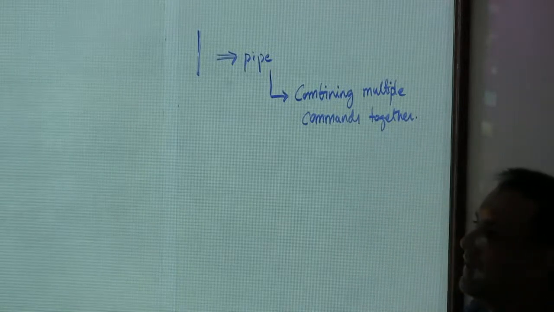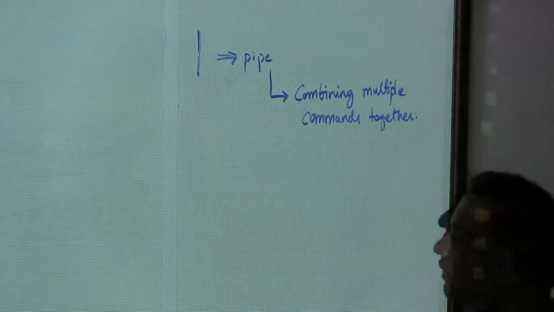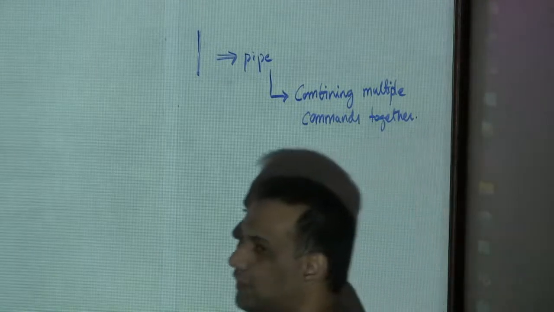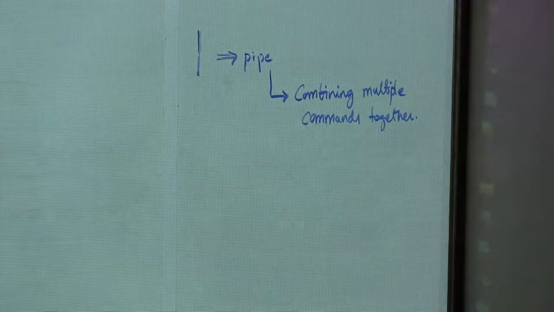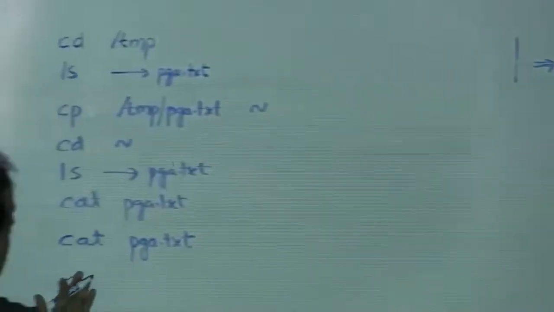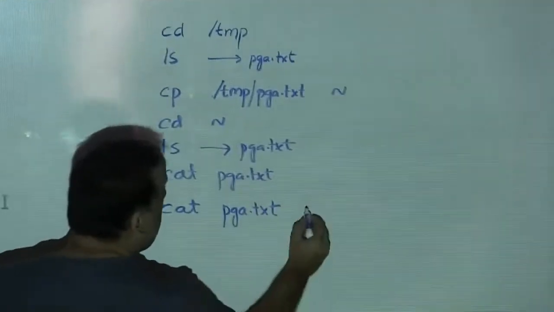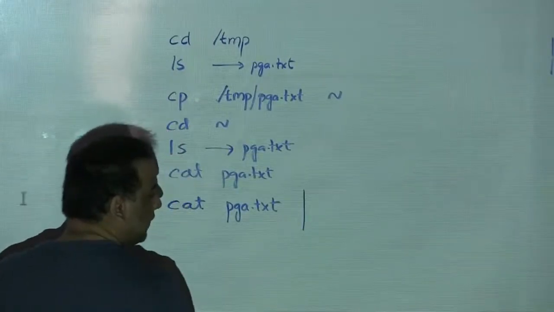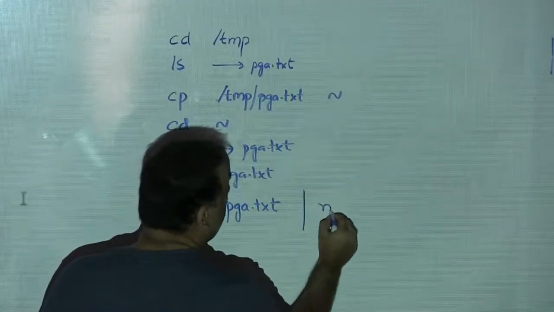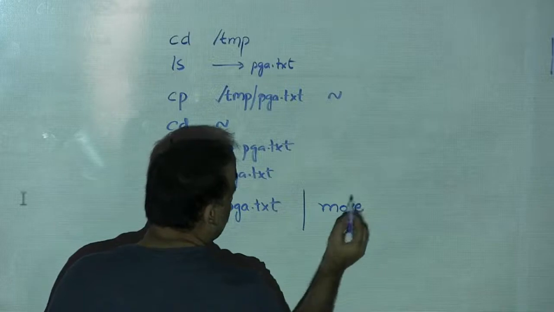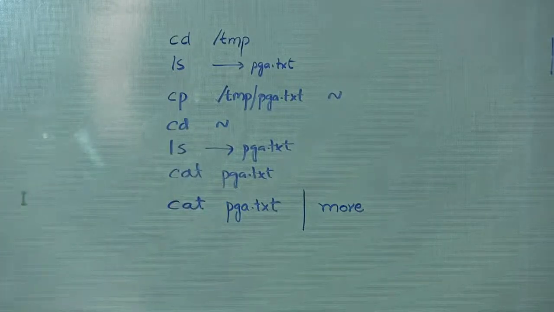So every time you add pipe in here, basically we are piping multiple commands together. So here there is a command called more. Okay, so here what we'll say is cat pga.txt, and then I put the pipe in here, and I will have the command called more. Now, as soon as you hit more, basically what we are saying is show me page by page.